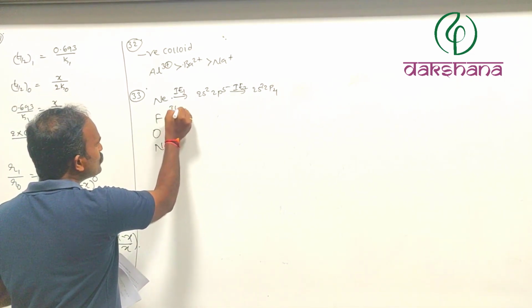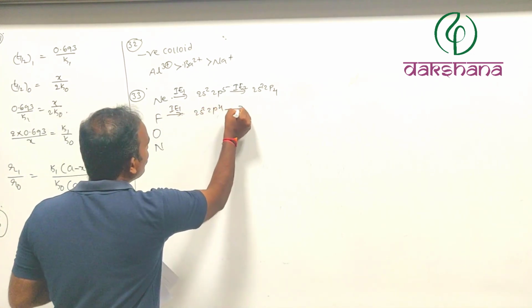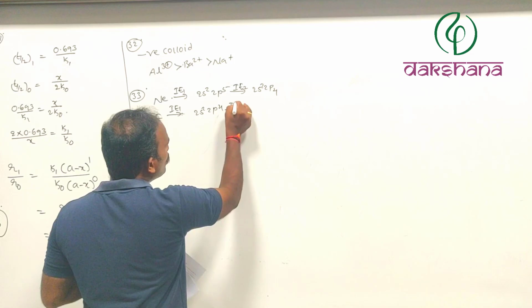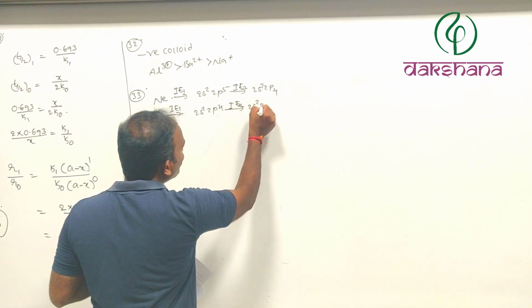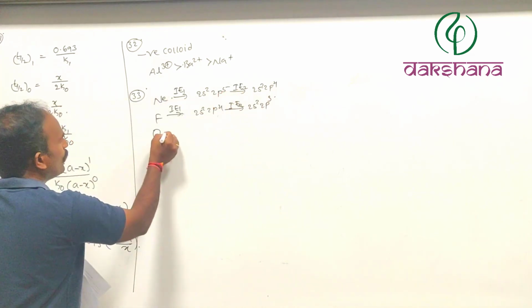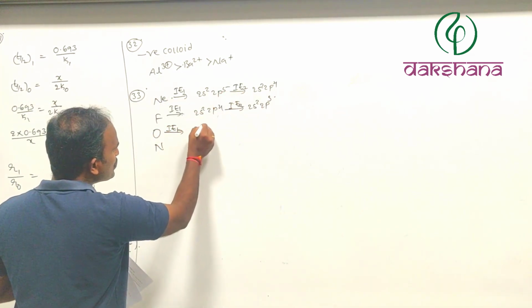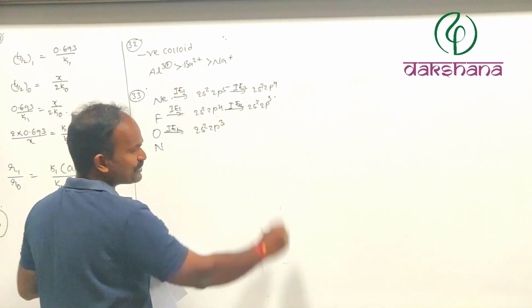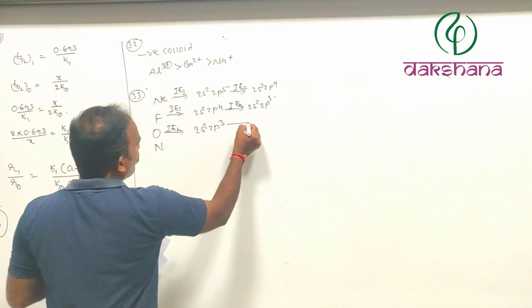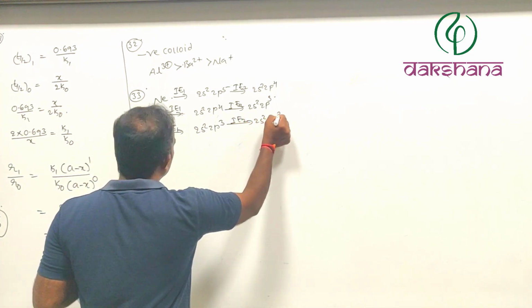Next, for oxygen, IE1 is 2s2 2p4, and IE2 will be 2s2 2p3. Now for nitrogen, IE1 is 2s2 2p3, and here the edge comes for it, half-filled electronic configuration. Its IE2 is going to be 2s2 2p2.